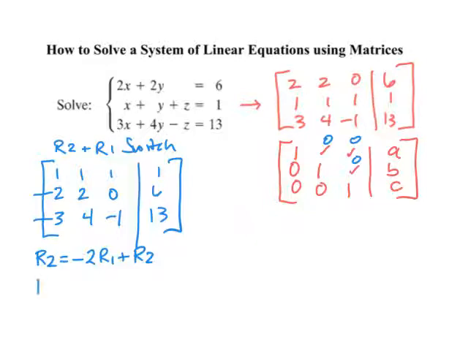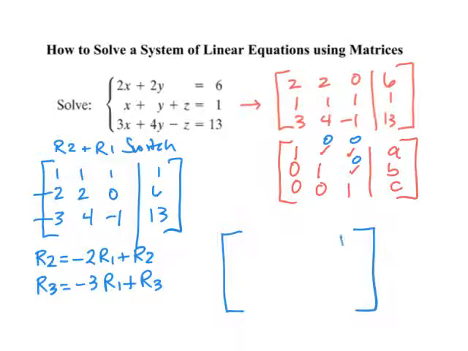And row 3 is going to be replaced. Likewise, I'm going to multiply -3 times row 1 and add it or replace row 3. So I'm going to do both of those steps together and have my new result. Notice that row 1 isn't changing, so I'm just going to rewrite row 1 with no change.